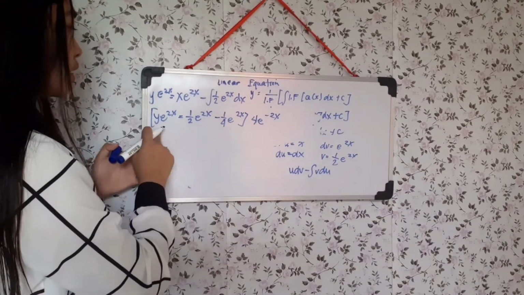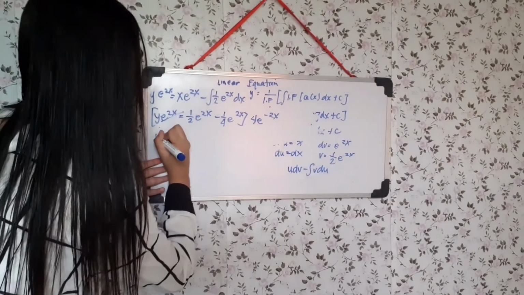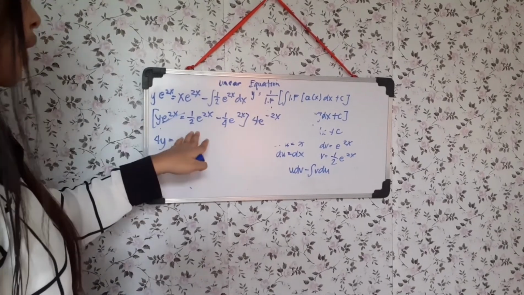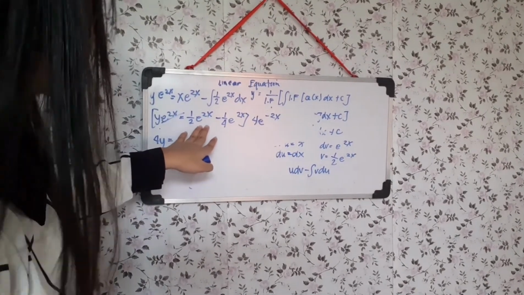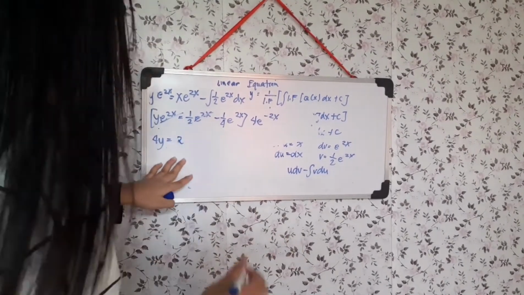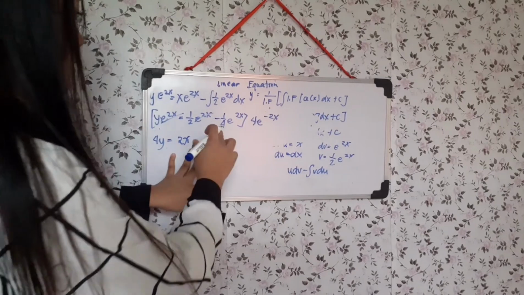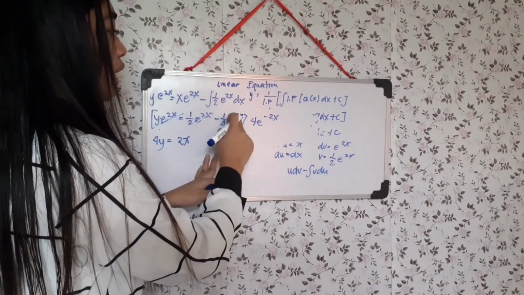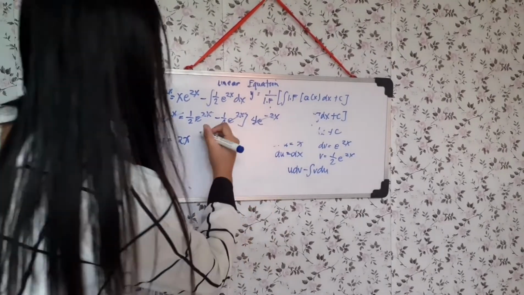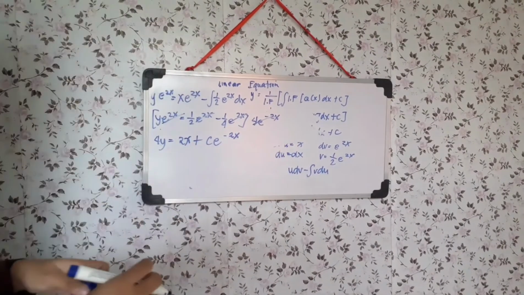So 4e to the negative 2x times y e to the 2x, after canceling, we have 4y, equals 4e to the negative 2x times 1/2 x e to the 2x, so cancel out, we have 2x. Then 1/4 e to the 2x times 4e to the negative 2x, so cancel out. Then we have minus 1 plus c e to the negative 2x. So here is the final answer.